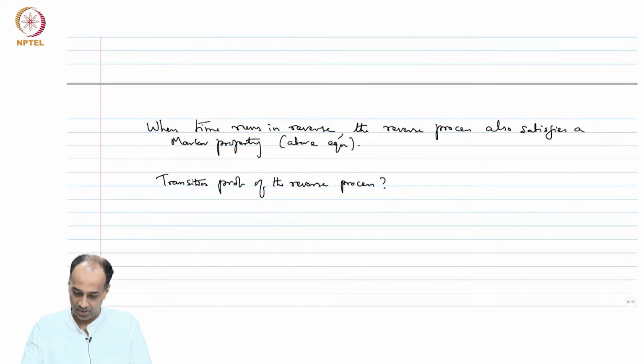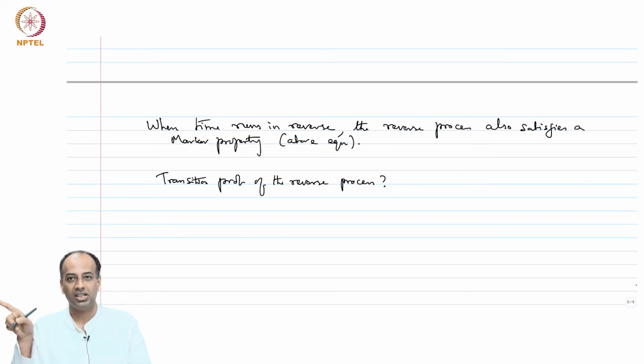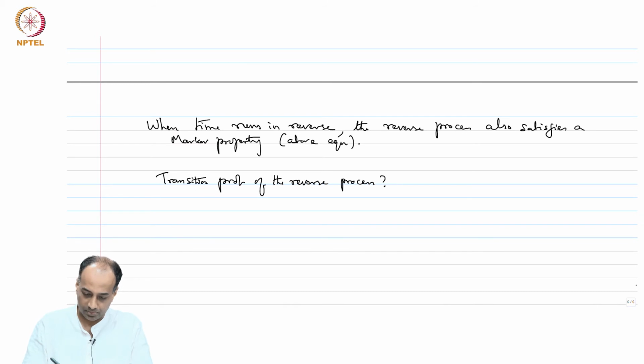Let us say the forward chain has Pij as the transition probability, and the reverse chain has some other transition probability. We want to know what its transition probabilities are. So I want to calculate this.